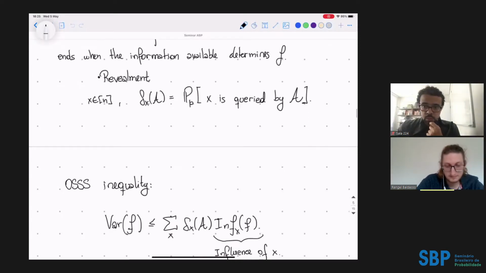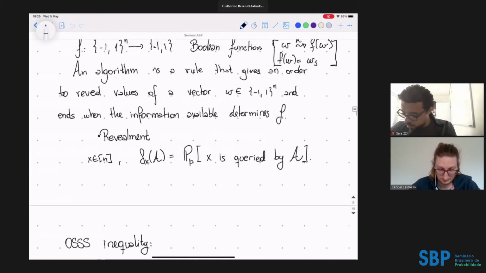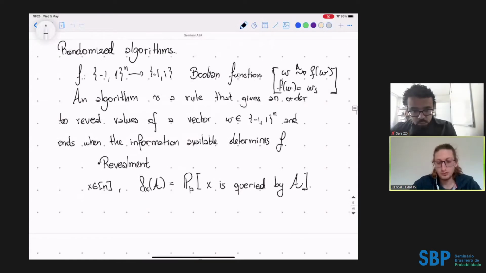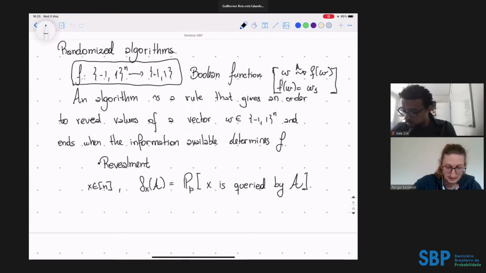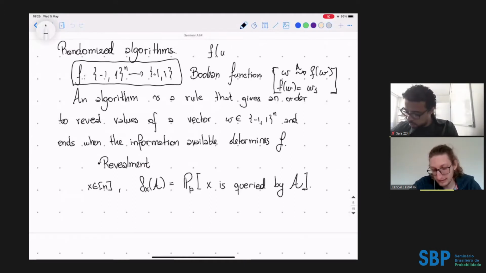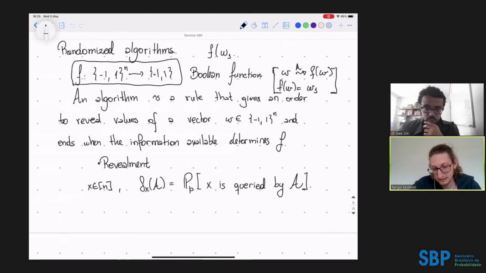Can you repeat what's the difference between the function and the algorithm? Yes, so you have the function. The function takes {-1, 1}^n to {-1, 1}, right? And you want to determine the function. No, you already know what the function is. Let's say the function is the majority of these guys here.